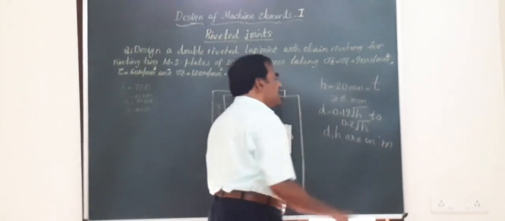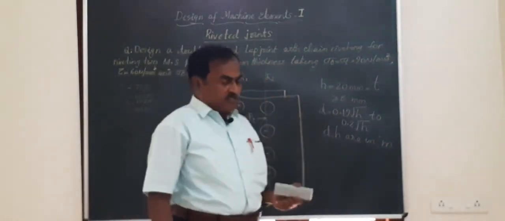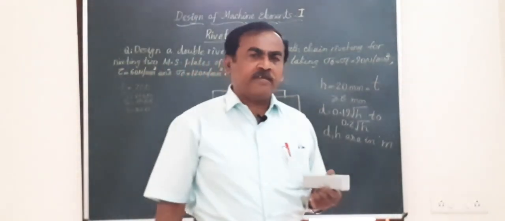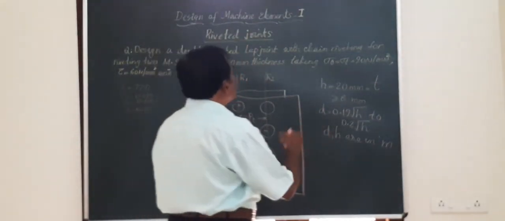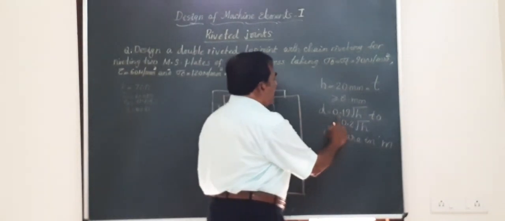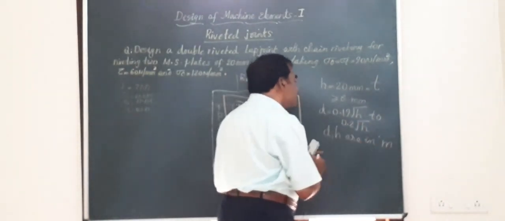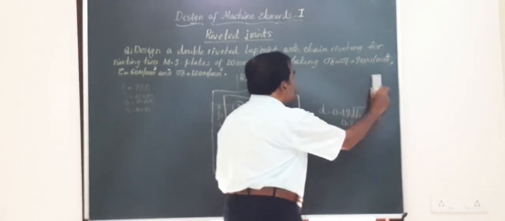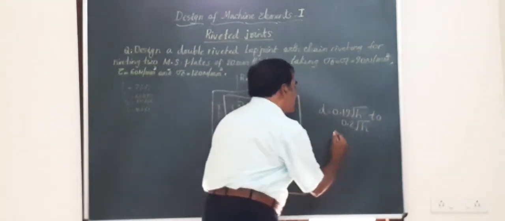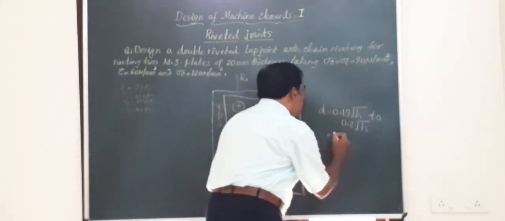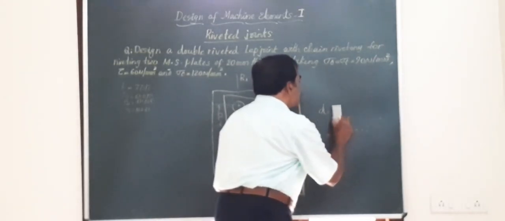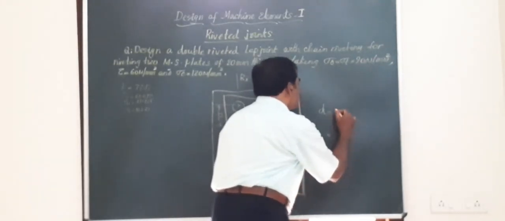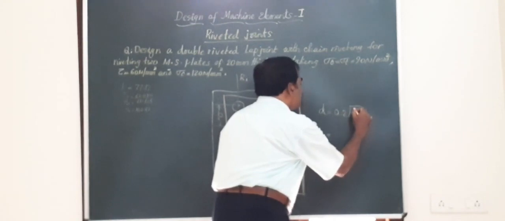They are in meter. So friends, in this question the thickness of plate is 20 mm, and hence we can use this formula D is equal to 0.19 root h to 0.2 root h. So I just substitute the values of the thickness and I get D in meter. So I am taking D is equal to 0.2 times root h, say. So D is equal to 0.2 times root h.